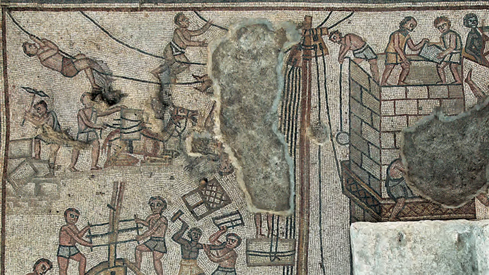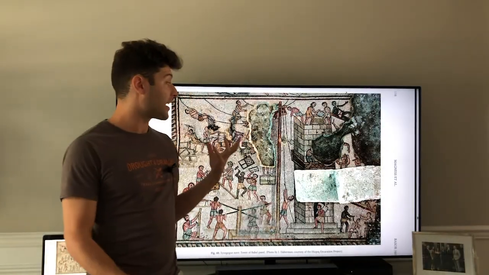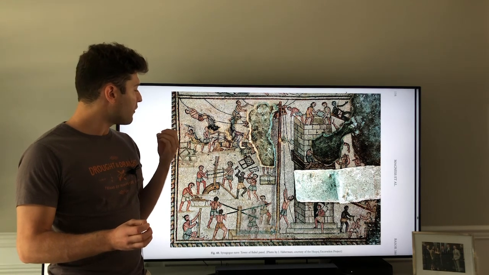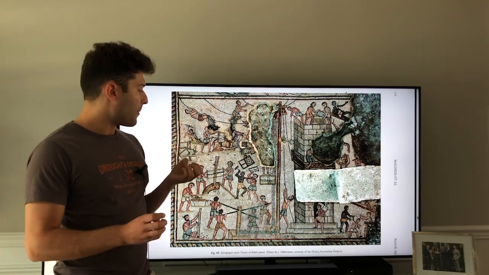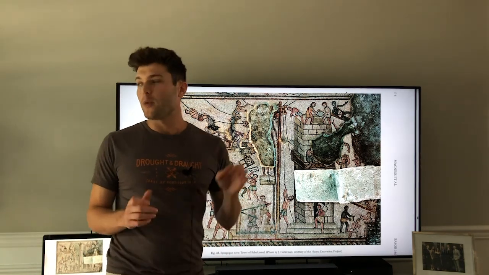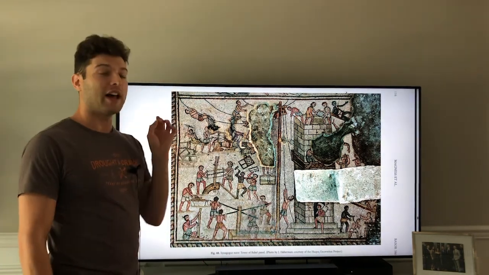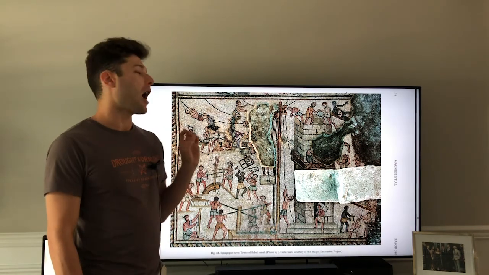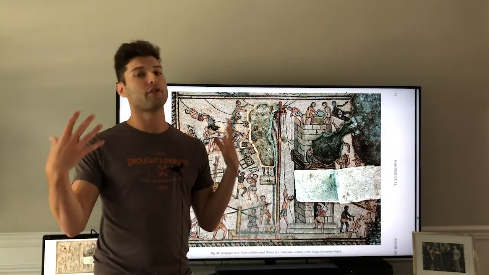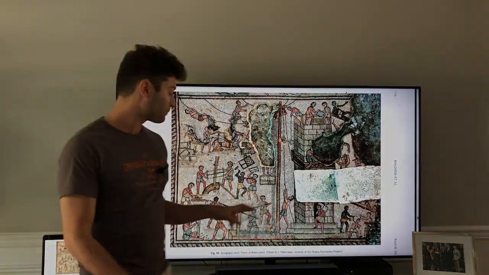And one of the things that's so interesting about this panel, and one of the reasons that I wanted to talk about it, is it's one of the few times in synagogue mosaic art that we see an explicit depiction of ethnic conflict that is depicted through racial distinction.